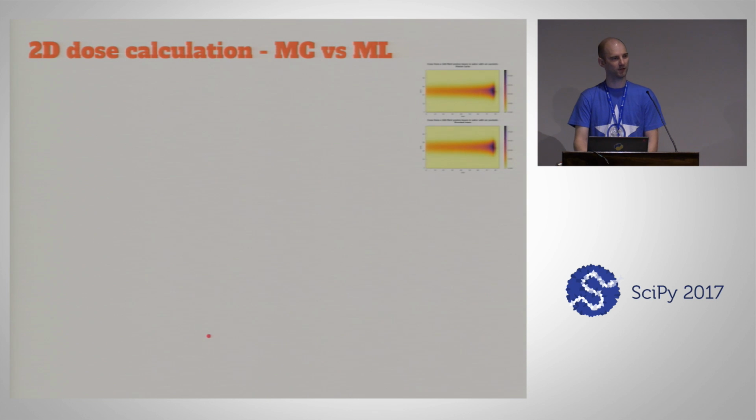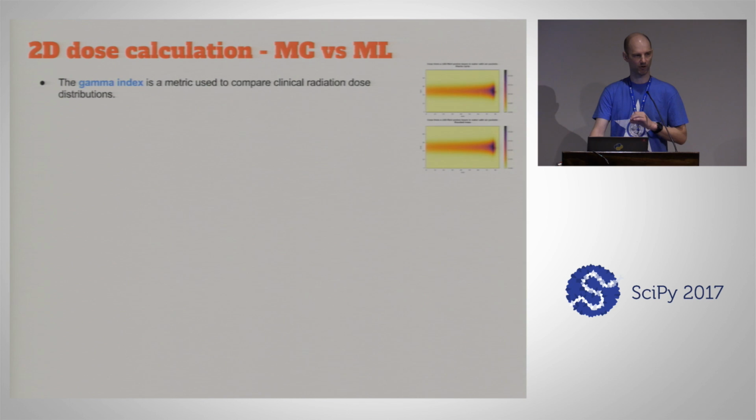In the clinical medical physics world, this is a super common scenario: you are comparing these dose distributions. And I'm not sure how common this is in other fields, but essentially what you're doing is comparing a geometric point distribution of a quantity.